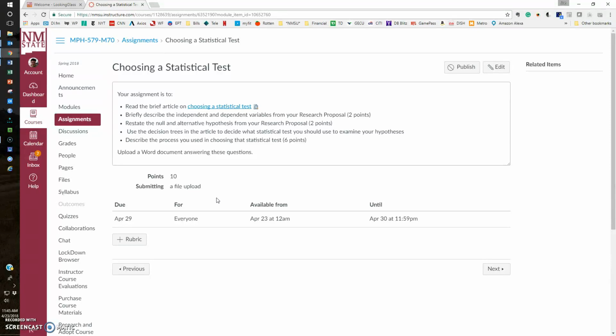These are the kind of factors, and these decision trees help you decide what statistical test is appropriate for your study. So I want you to just describe the process for me, and this doesn't need to be a really long essay, but just tell me the steps you went through in coming to your conclusion about the proper statistical test for your main hypotheses.